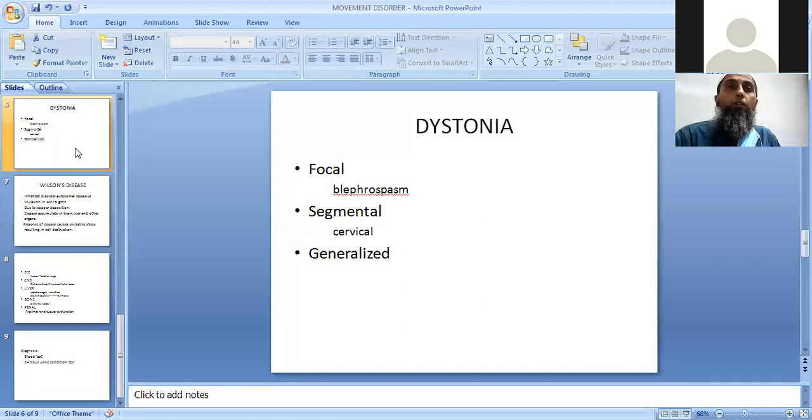In one area, they may have a hemifacial spasm, that is a spasm of one half of the face. They may be segmental, like the whole neck, so in torticollis they will turn to one side, right? They may have different positions depending on the limbs or the body, and they may be generalized over the whole body.